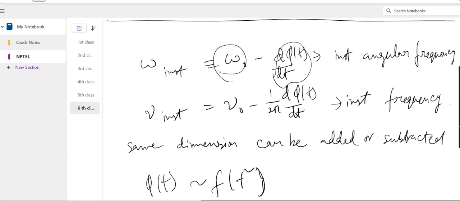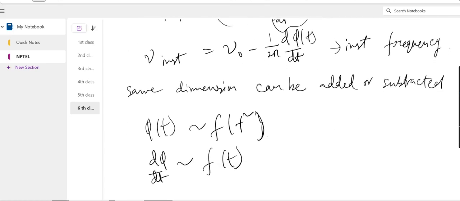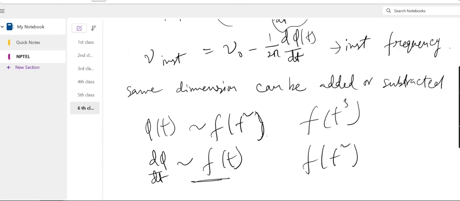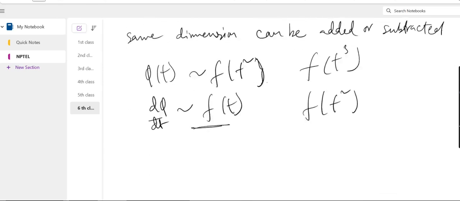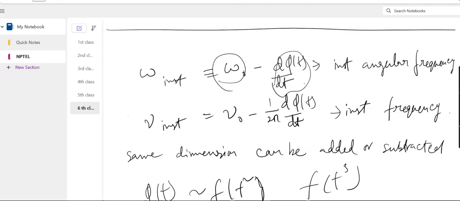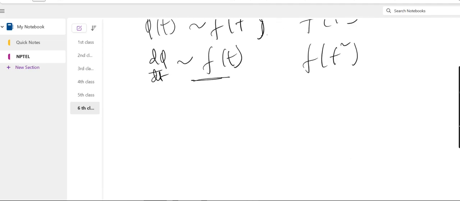If phi of t is a quadratic function of t, d phi by dt will be a linear function of t. If it is a function of t cube, it would be a function of t square. Rocket science, basically: the degree will reduce because there is a derivative.